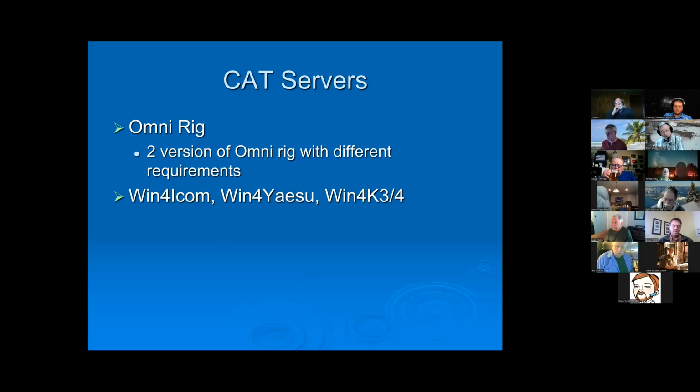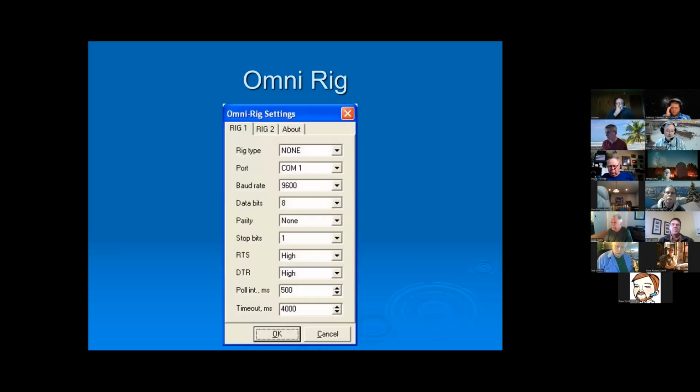There's also another suite of applications called Win4ICOM, Win4Yaesu, and Win4K3 and K4. So obviously the K3, K4 is Elecraft, and the center one is Yaesu, and the one on the left is ICOM. These are applications that are all honed around one of those 3 rigs. So let's dig into these guys and see what they provide.